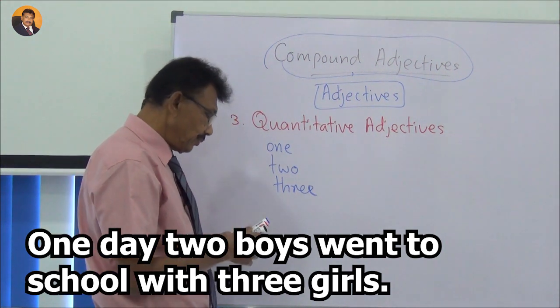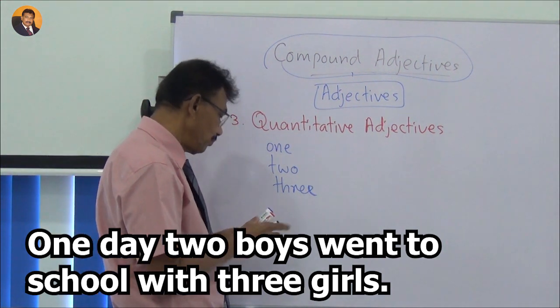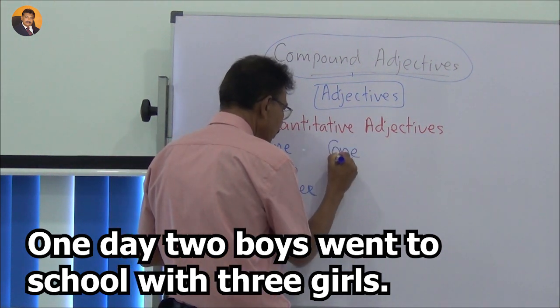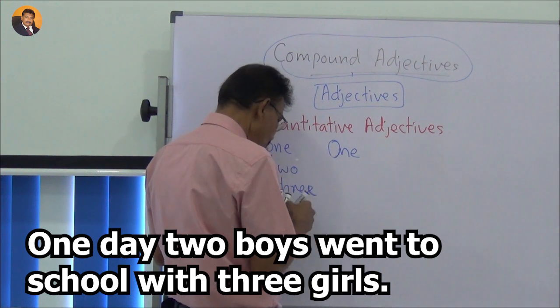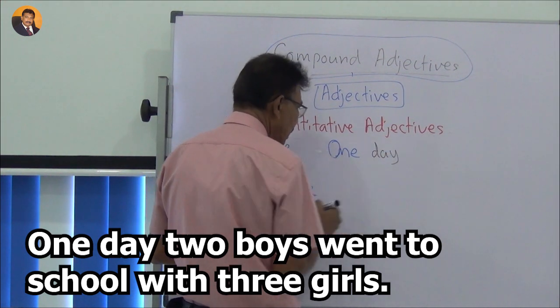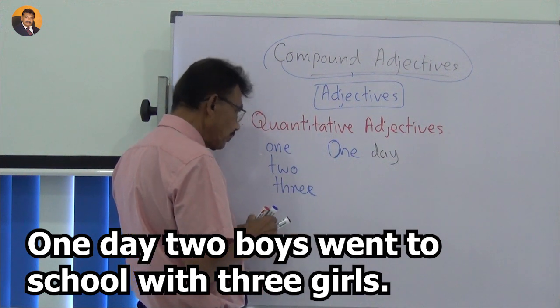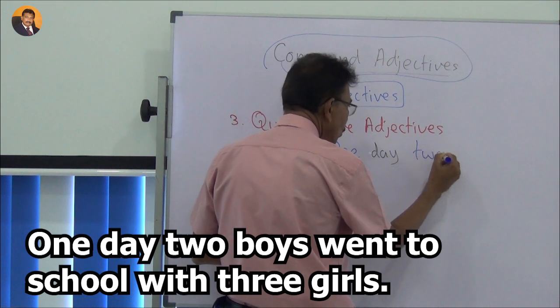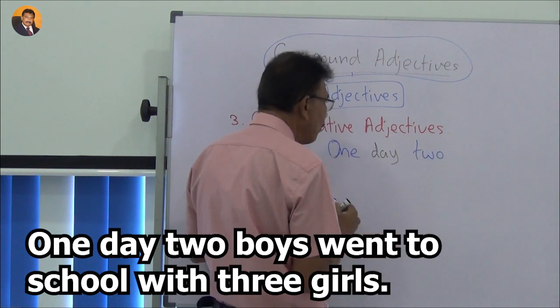Right? Can you understand it? One is an adjective. Okay. One day. So number of days. One day. Then I say 2 boys.